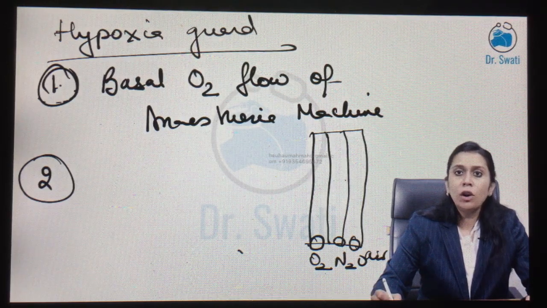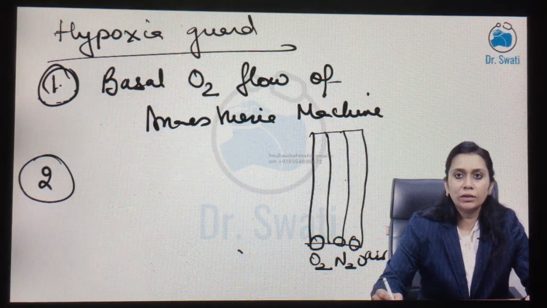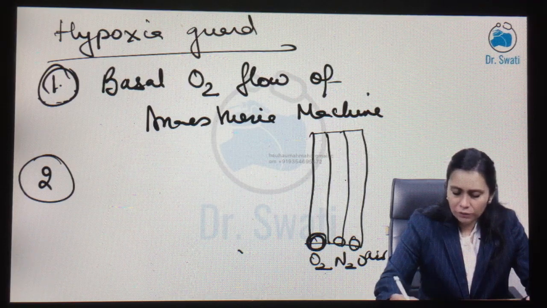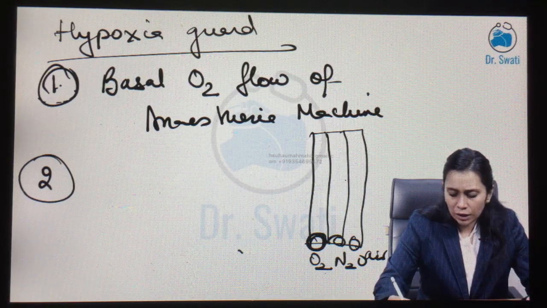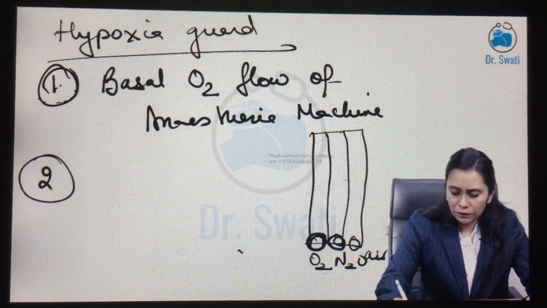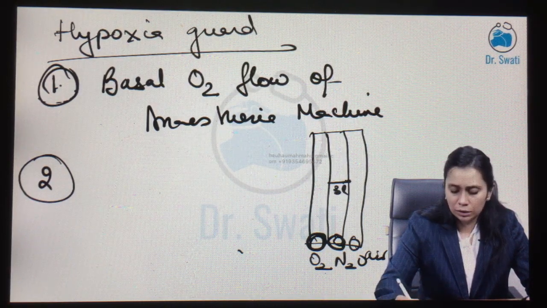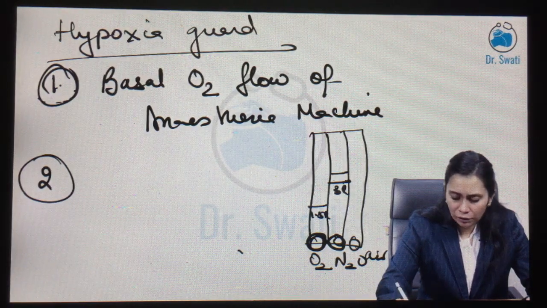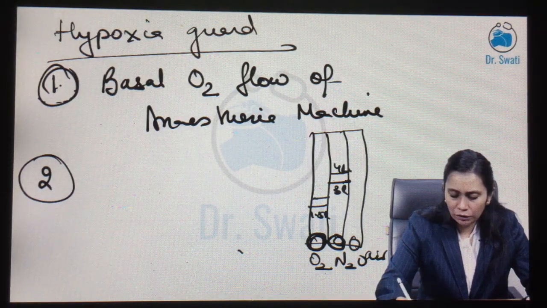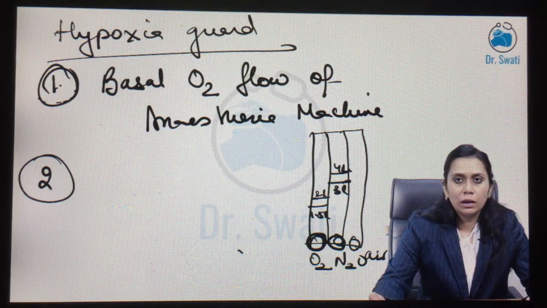Never. We want to give 100% oxygen, but never nitrous oxide. If I turn on the oxygen flow control valve alone, I will give only oxygen. But if I turn on the nitrous oxide flow control valve alone, if 3 liters of nitrous oxide starts, 1.5 liters of oxygen itself will start. If 4 liters of nitrous oxide starts, 2 liters of oxygen itself will start.